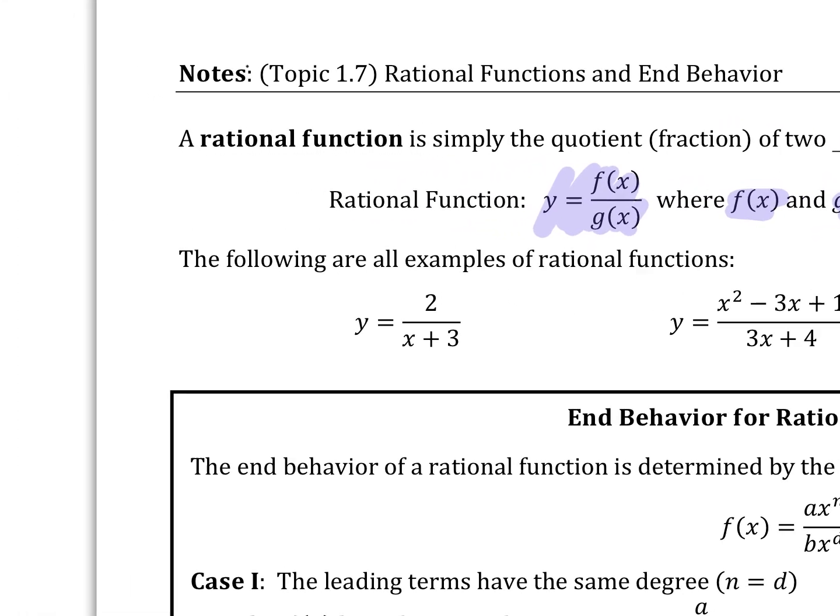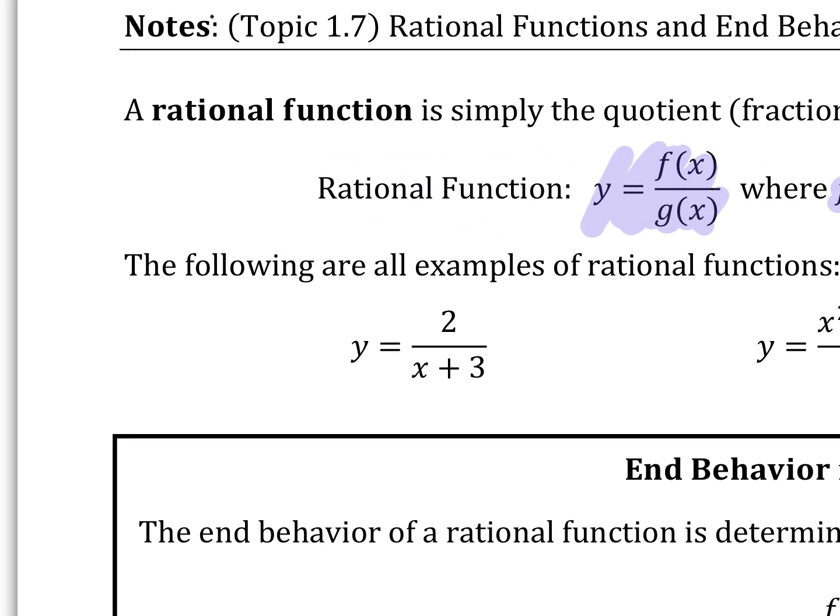Now, as a rule of thumb, I would like you to remember this: when you divide a certain number by 0, that's going to be undefined. Therefore, we are saying that in rational functions, the denominator should not be 0. Now, look at the word that is formed in here. It's going to be "no."